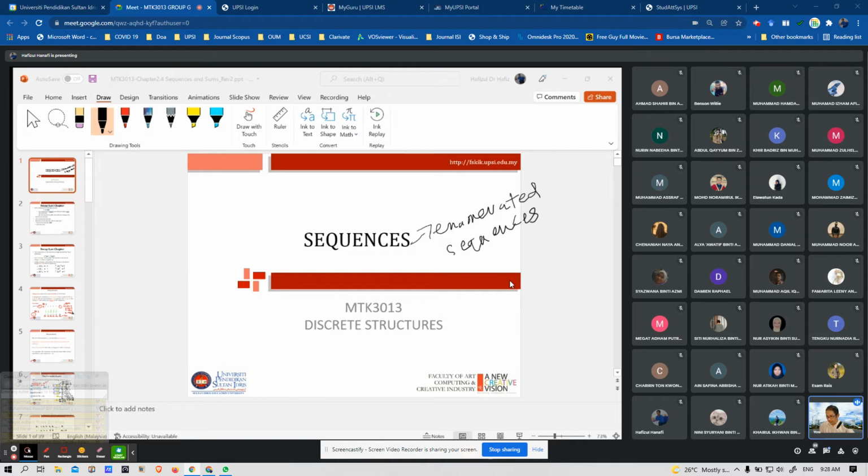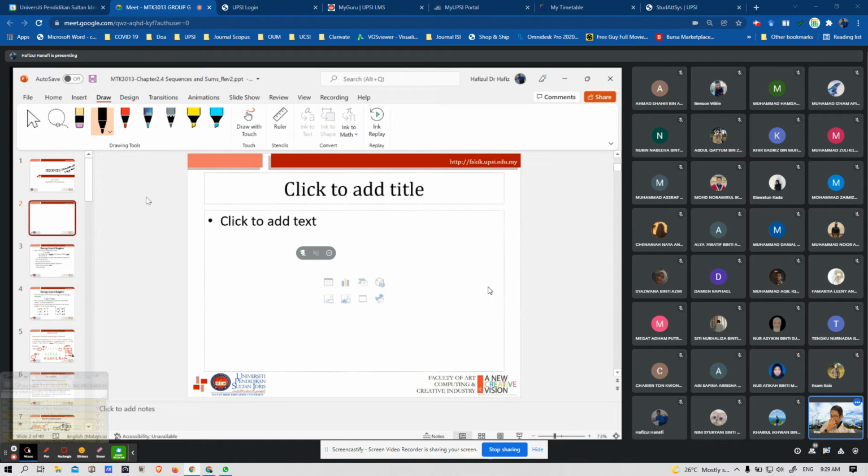For example, we have a sequence -2, 4, -8, 16, and -32. The set corresponding to the above sequence is {-2, 4, -8, 16, -32}.